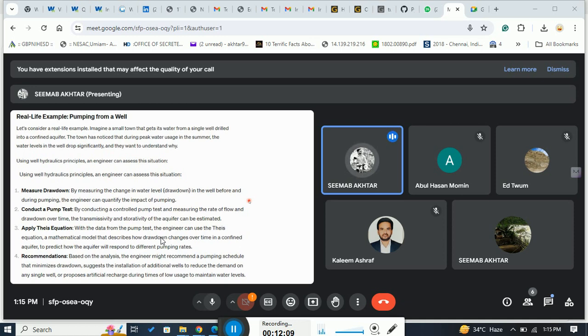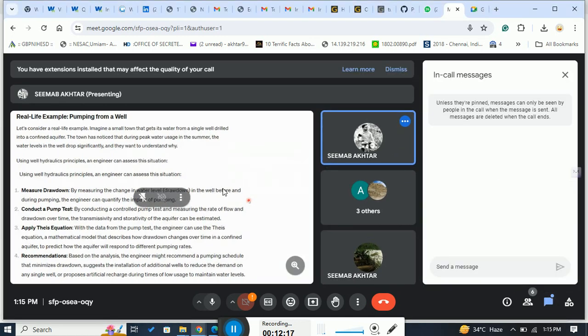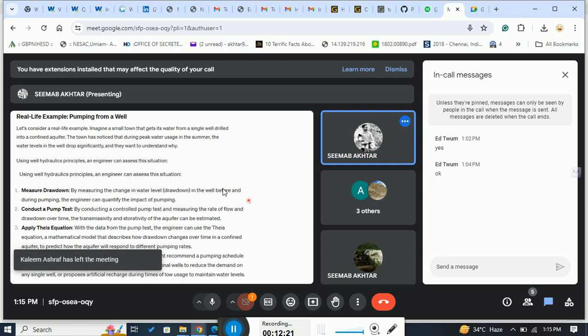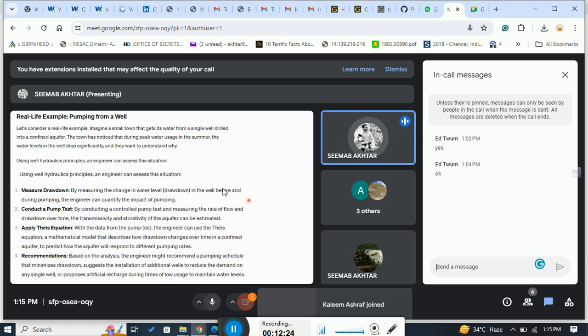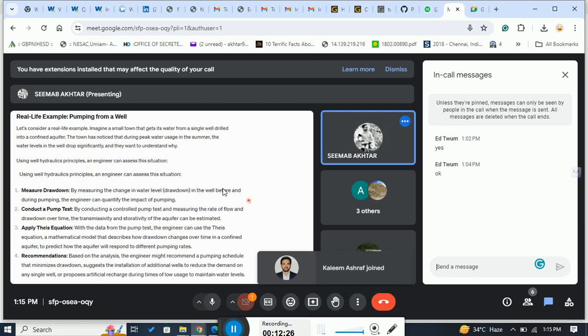Conduct a pump test. By conducting a controlled pump test and measuring the rate of flow and the drawdown over time, the transmissivity and storability of the aquifer can be estimated.